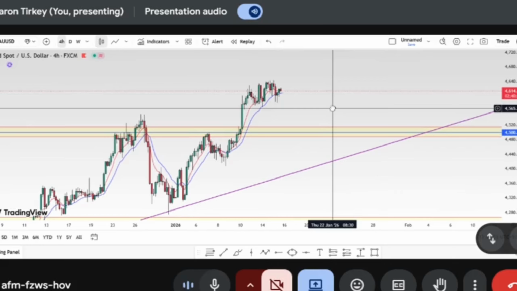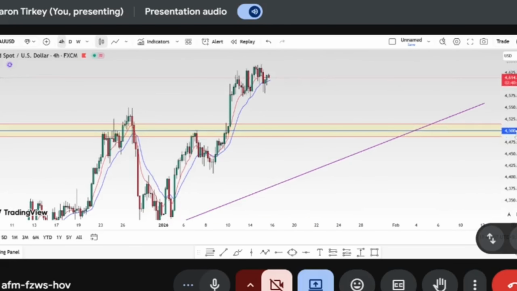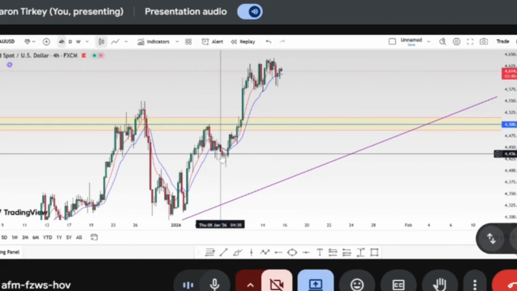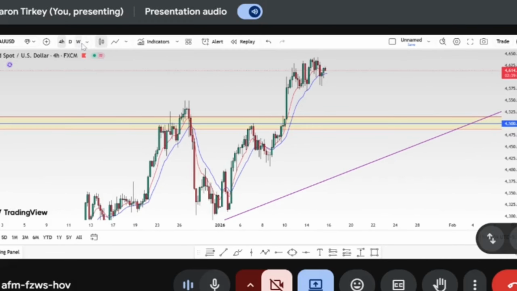So like this, you enter gold every time with the 4 hours. You should enter a trade in 4 hours. That's the reason I have only these three time frames: weekly, daily, and 4 hour.